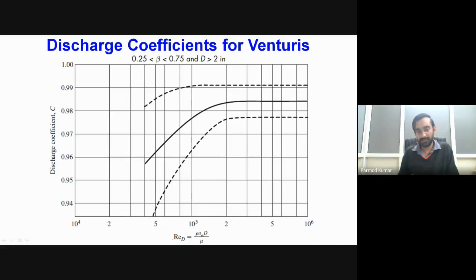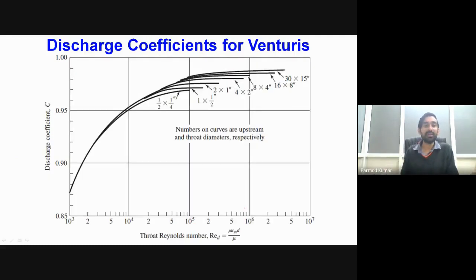So for different values of the flow Reynolds number, we can see over here we are having the curve for finding out the value of discharge coefficient, and this particular type of curve is actually applicable when we are having value of beta within the range 0.25 to 0.75 and our pipe diameter is actually greater than 2 inch. Okay, and over here you can see we are having some dotted lines also. So these dotted lines nothing but represent the positive error and negative error in the measurement of our discharge coefficients.